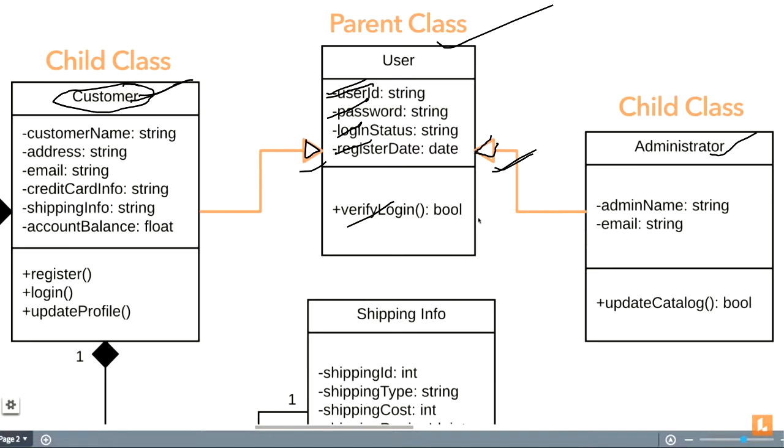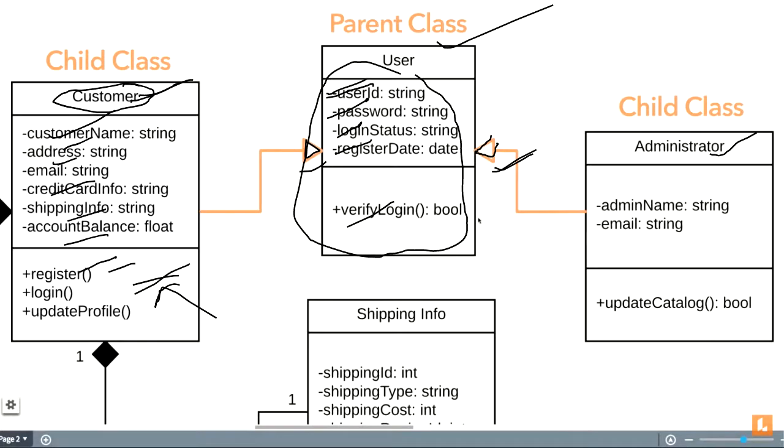And then apart from that, a customer can also have customer name, address, email. These are personal to the customer. Means he will know everything present in the parent class, but he also has certain features and functions of its own. Similarly with the administrator class.